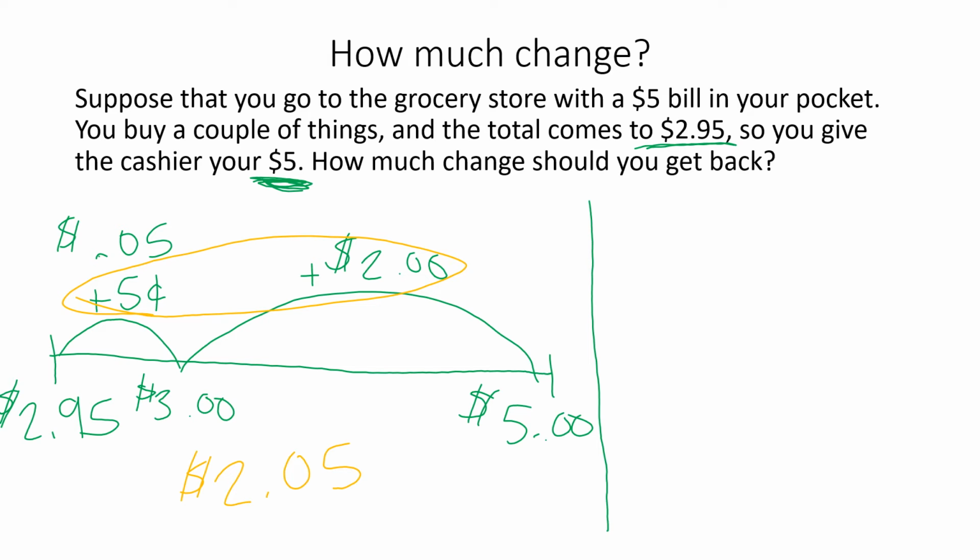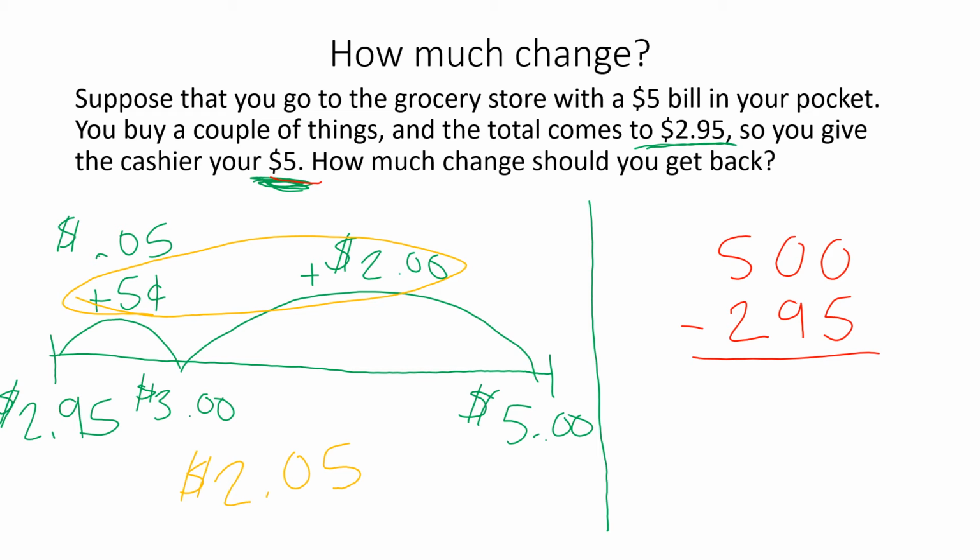Now, a second way to solve this problem is to think of these numbers without the decimal point. So $5 is the same as 500 pennies or 500 cents. And $2.95 is the same as 295 pennies. So what you could do is turn it into a problem that looks like this, where you're subtracting 295 from 500, okay?